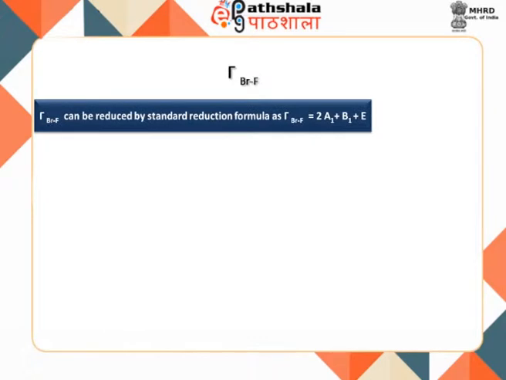Gamma BrF can be reduced by the standard reduction formula as gamma BrF equals 2A1 plus B1 plus E.